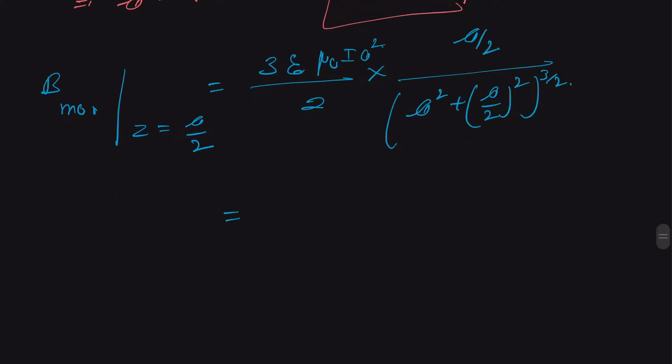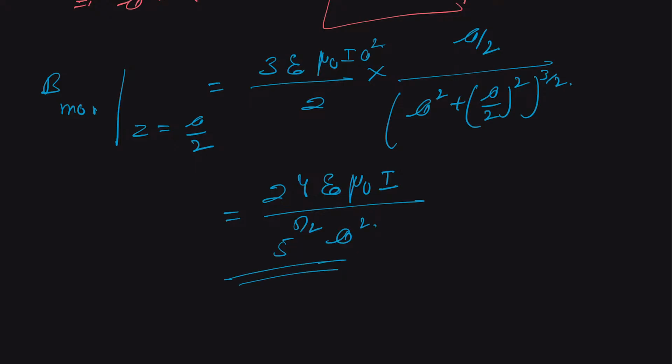So this will be approximately equal to 24 epsilon mu naught I and 5 raised to power 5 by 2 a square. So this is the value of our maximum magnetic field.